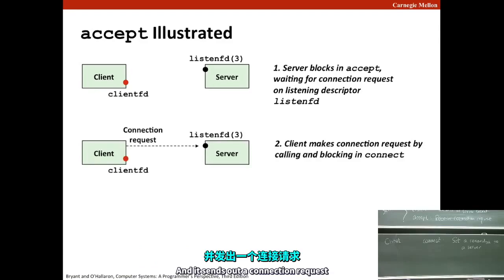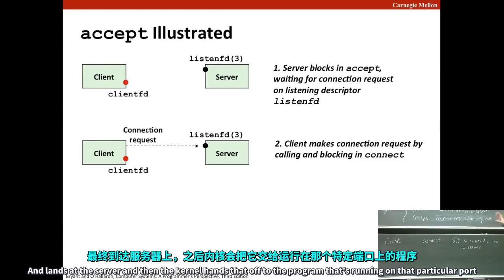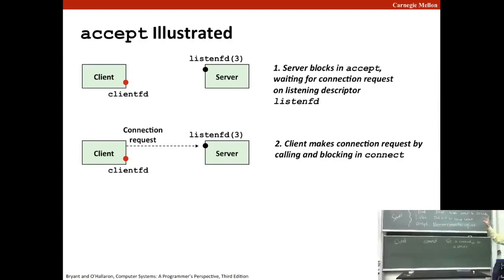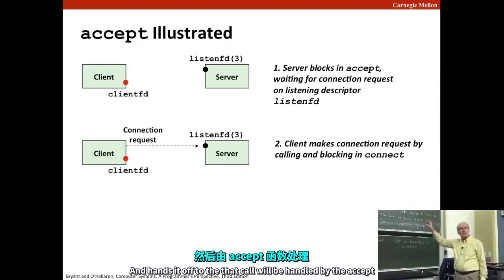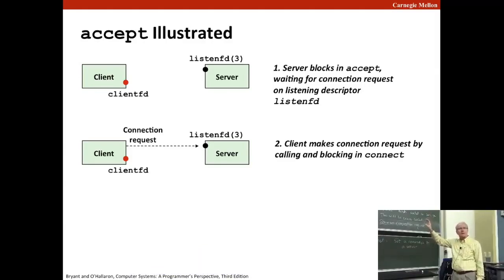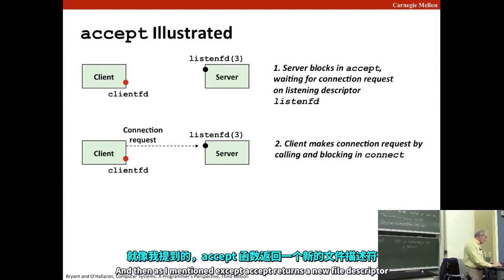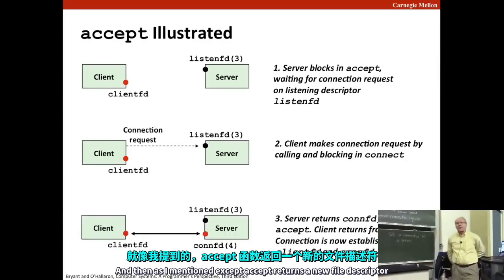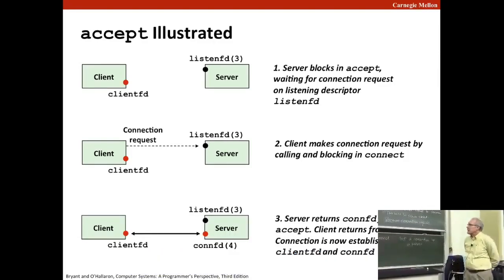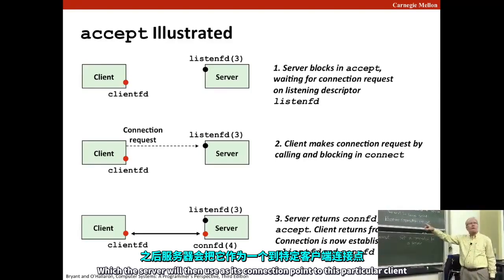It sends out a connection request that goes out over the network and lands at the server, and then the kernel hands that off to the program running on that particular port, and that call will be handled by the server's call to accept. And then, as I mentioned, accept actually returns a new file descriptor, which the server will then use as its connection point to this particular client.